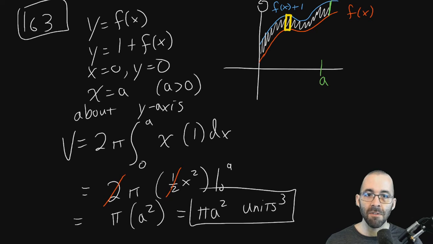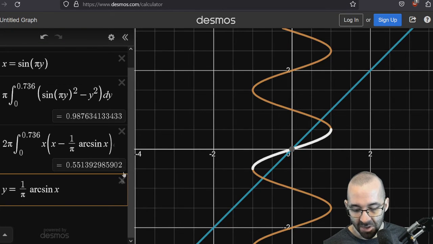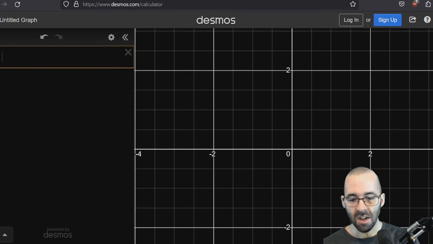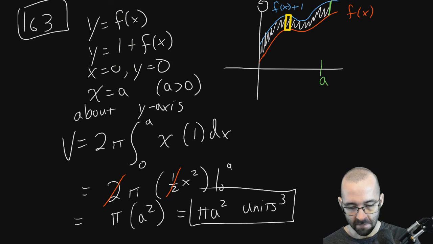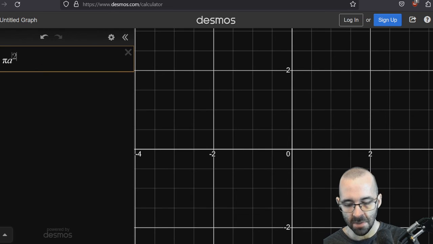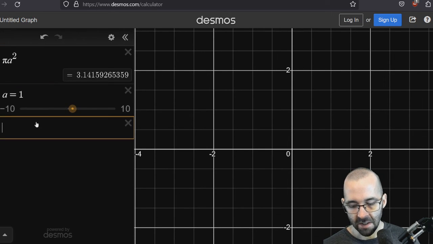But if you want to have some fun, stick around. Let's look at this. I think there's some cool things that we can graph. All right, so first off, we're looking at the area for this volume. We think the volume should be pi times a squared. We'll need a slider for different values of a. And we're going to need an x too.